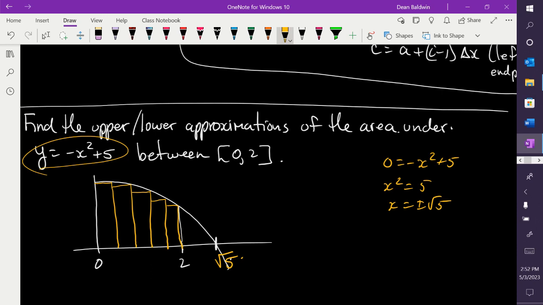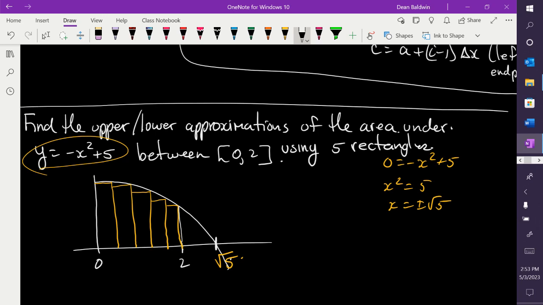Oh, it's because I didn't write it. I think I just said it. Using 5 rectangles. There you go. I have to tell you the number of rectangles. Sorry, that's a very good question because I said it in my head, but I forgot to write it down. So yes, we are using 5 rectangles. I will tell you the number of rectangles.